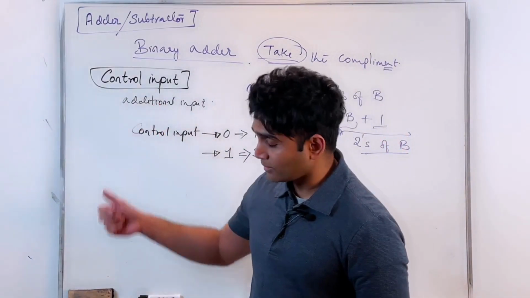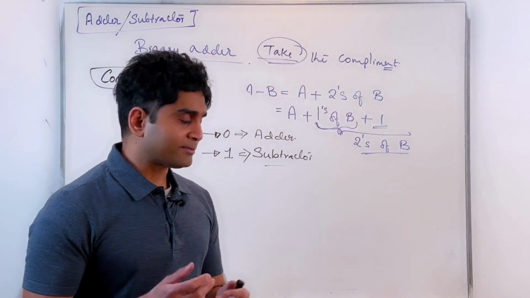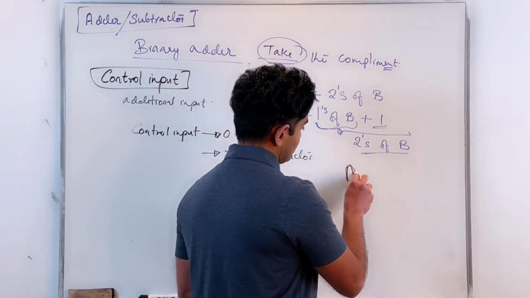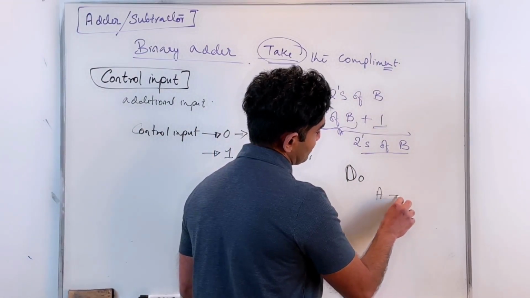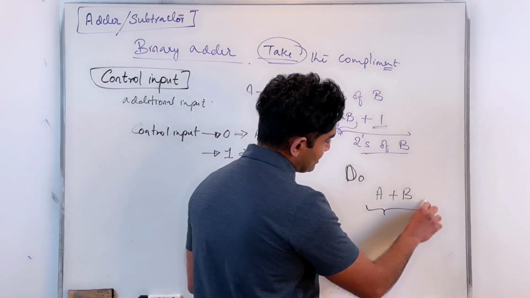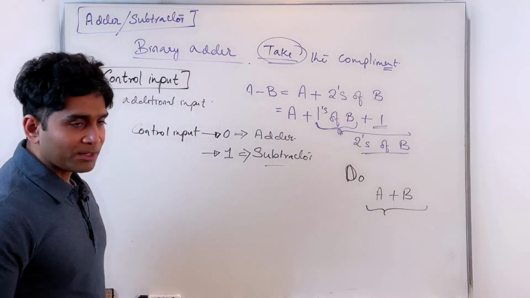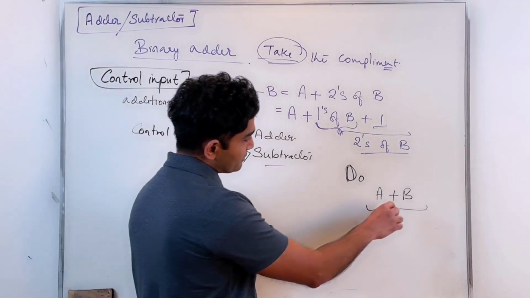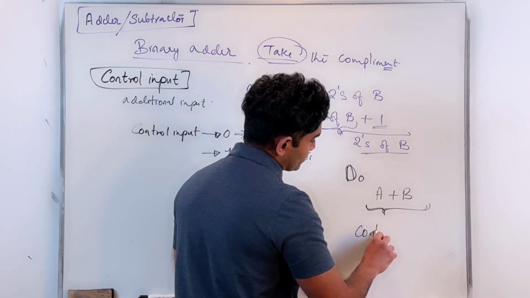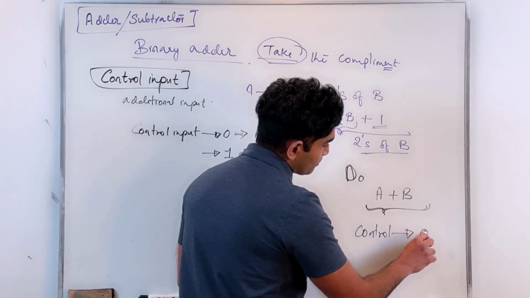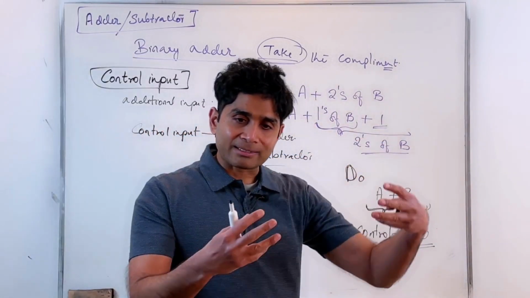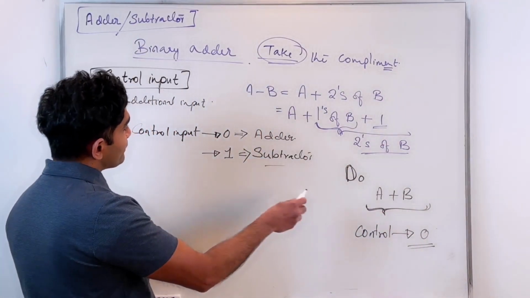For example, just to give you some basic idea, let's say you're writing a code, and as part of the code you do this operation A plus B. Once it's compiled, at the hardware level, when the hardware sees this operation A plus B, it puts a 0 on the control input, so that once these numbers are applied to my adder, the adder is configured as an adder.